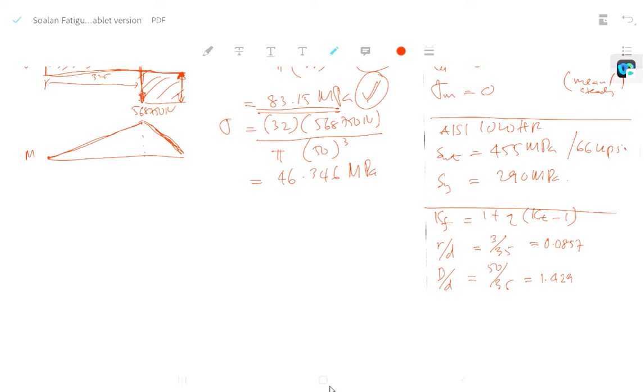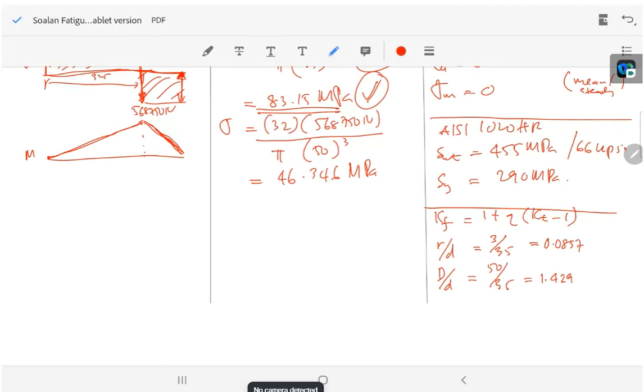Then could you read the graph? How much is the value that you get?